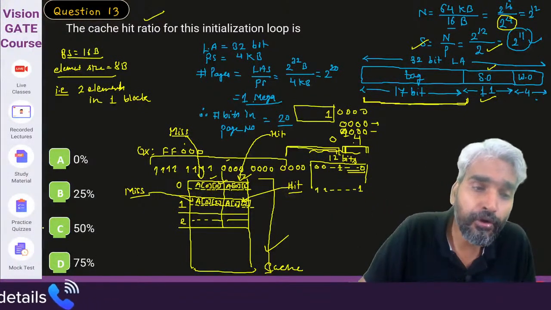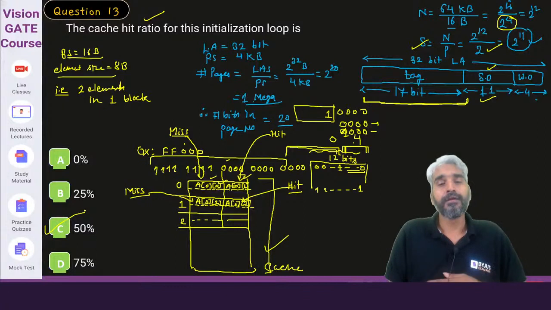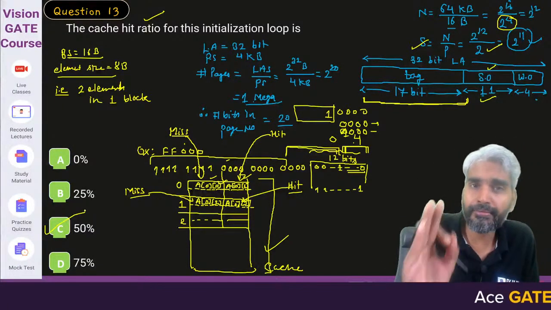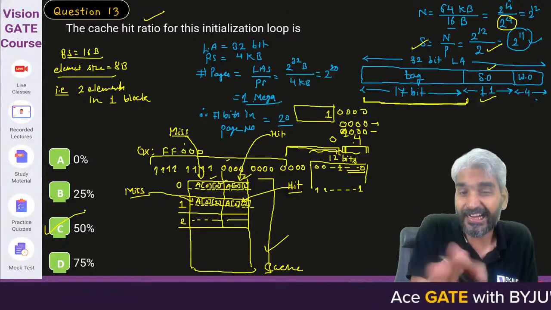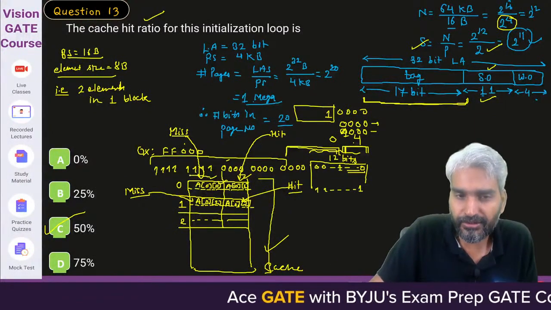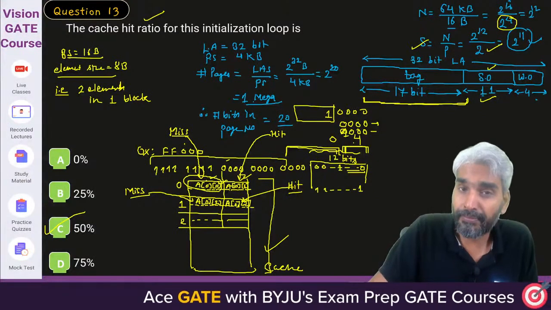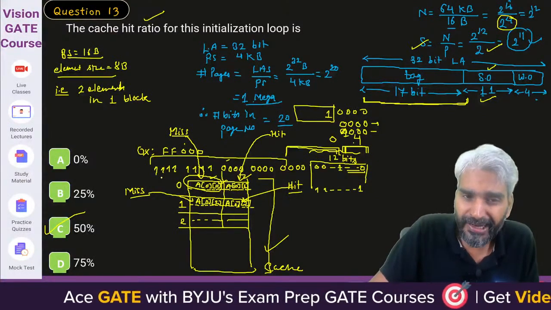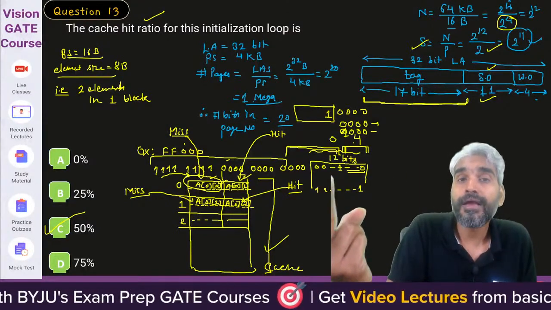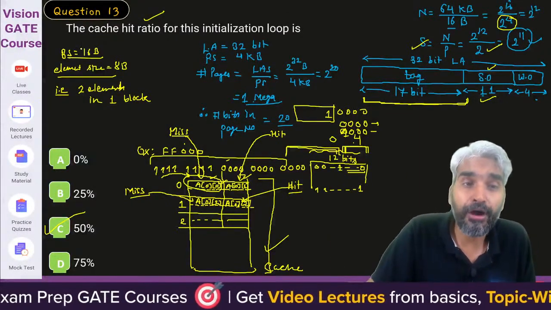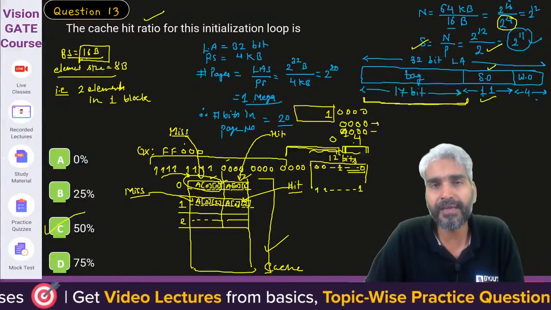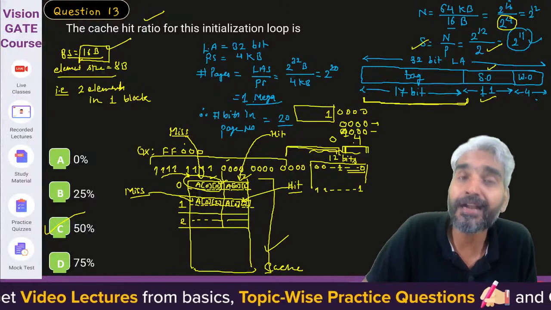Therefore, what will be the overall hit rate? 50%. Is this clear to everybody? Once you understand the architecture, you will see that for A00, because it is not in the cache, it will be a miss. But because we bring A00 into the cache, a complete block of 16 bytes is transferred from main memory to cache, so two array elements will come.